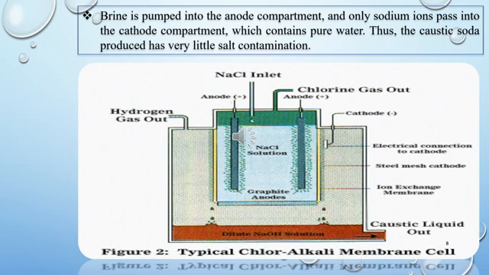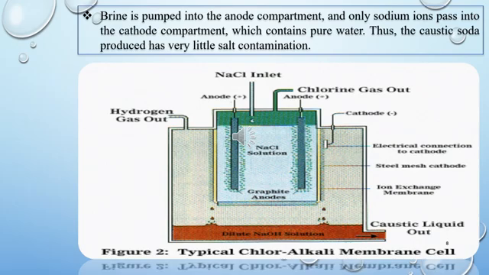The semi-permeable membrane or plastic sheets will allow only sodium ion to pass through it and will not permit the other ions to pass, due to which that sodium is converted into caustic soda or sodium hydroxide that will have very little salt contamination. That product is very pure and very concentrated, which needs less evaporation to get a concentrated product.